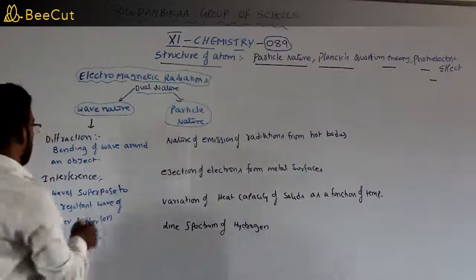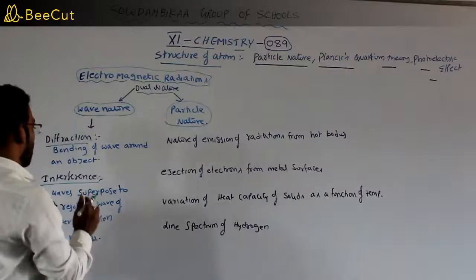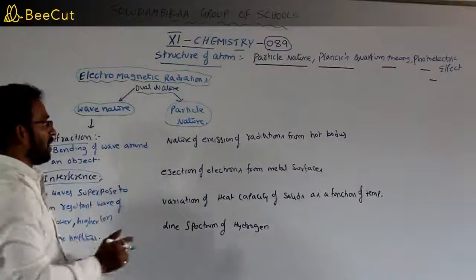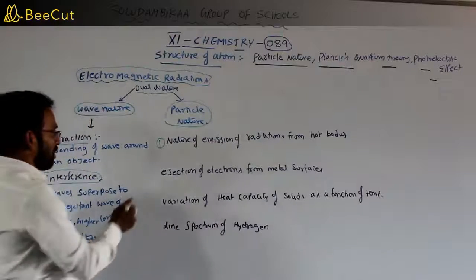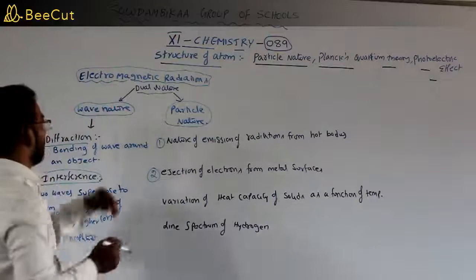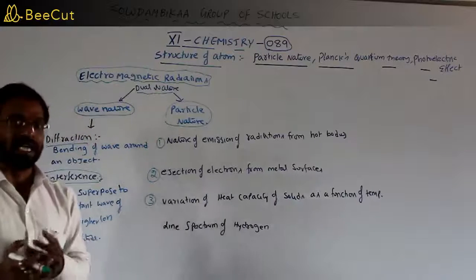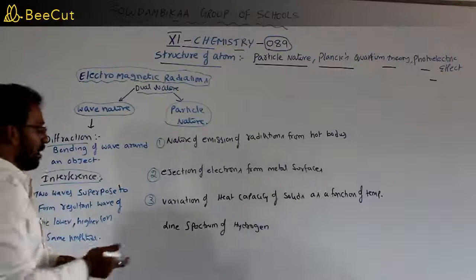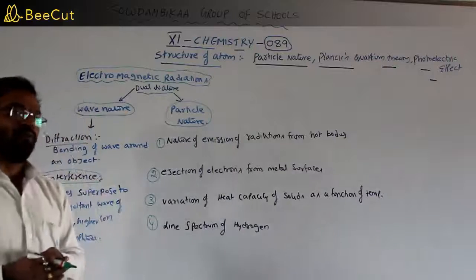Wave nature explains diffraction and interference phenomena, but it does not explain the emission of radiation from hot bodies, the ejection of electrons from a metal surface, the variation of heat capacities of solids as a function of temperature, and the line spectrum of hydrogen.